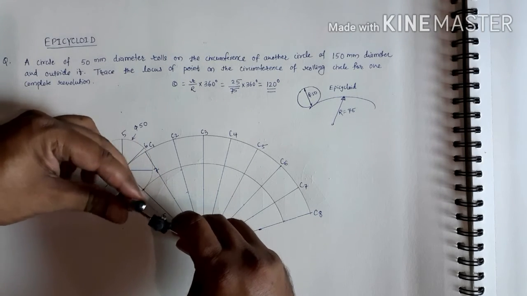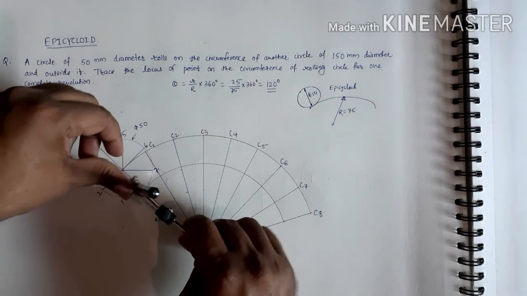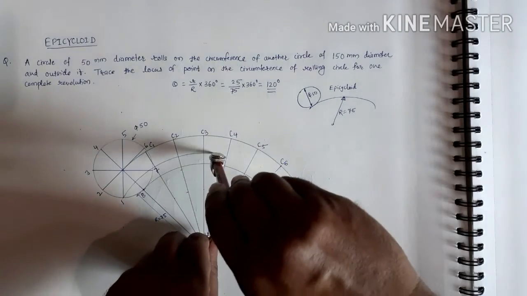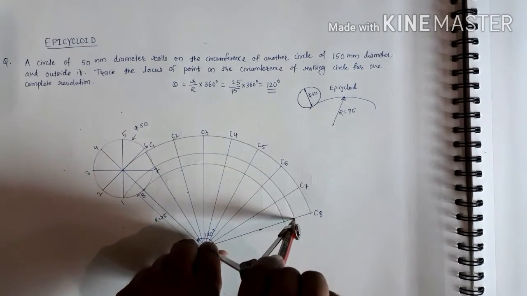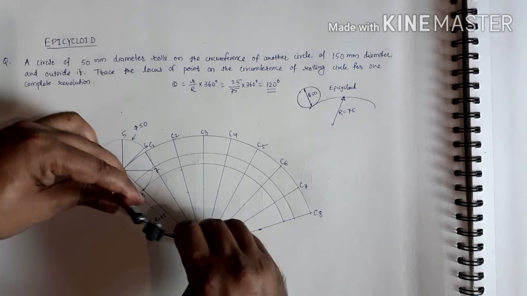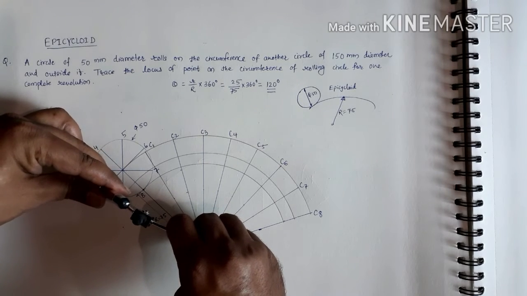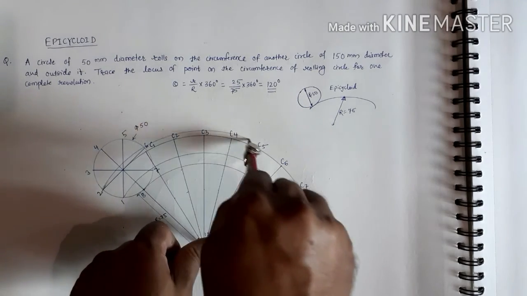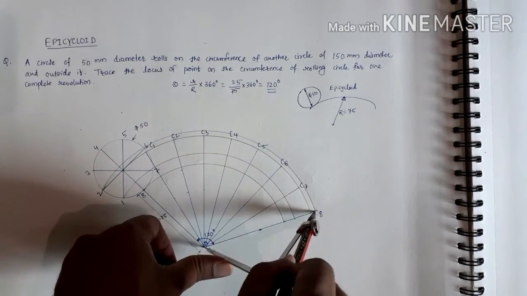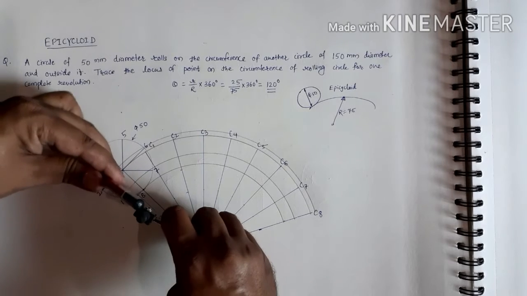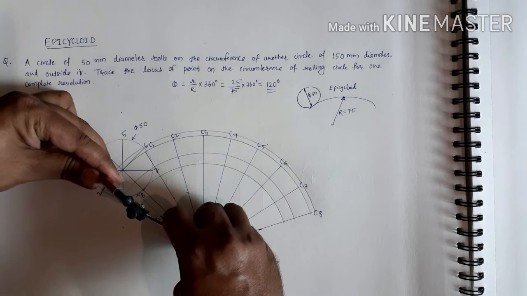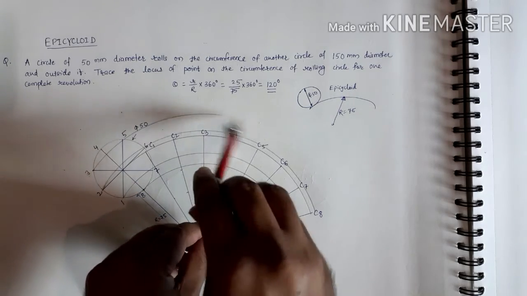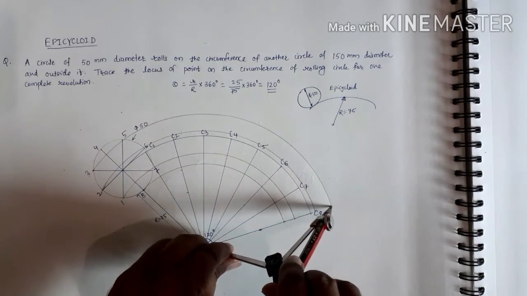Now draw arc from point 1, for 1 revolution, that is 120 degree. Again from point 2, then from point 3, from point 4, from point 5, 6, 7 and 8 respectively.